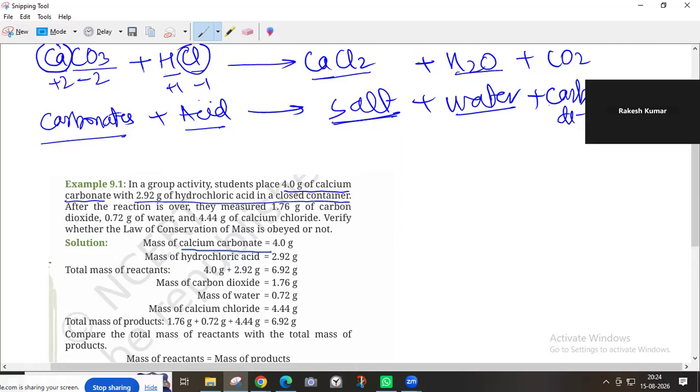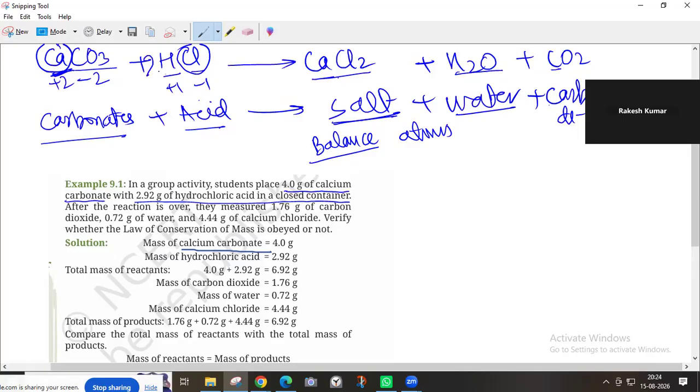Now you start balancing. But is this balanced? Balancing means atoms should be the same on both sides. Ca is 1 and 1, no problem. CO3, C also 1, no problem.